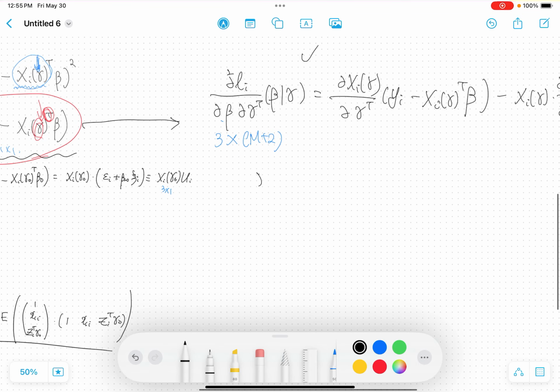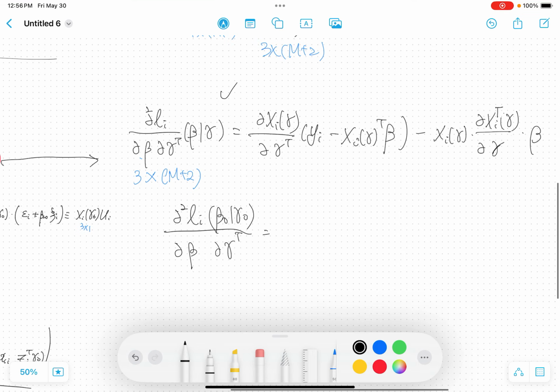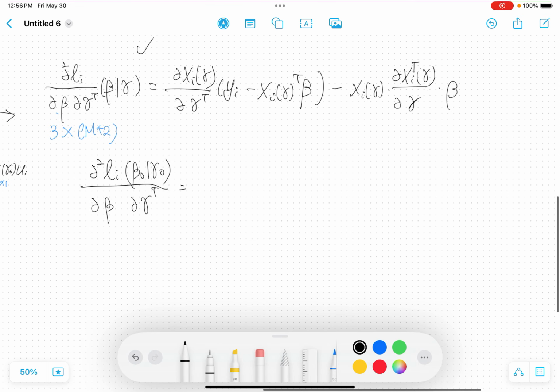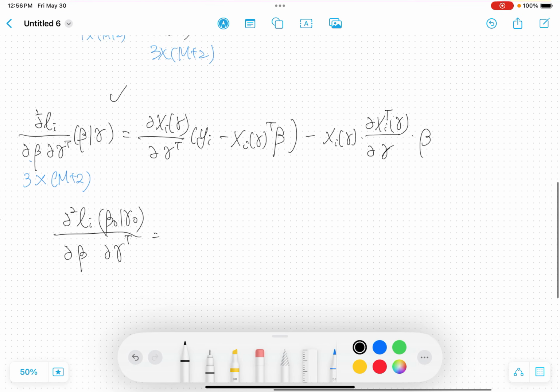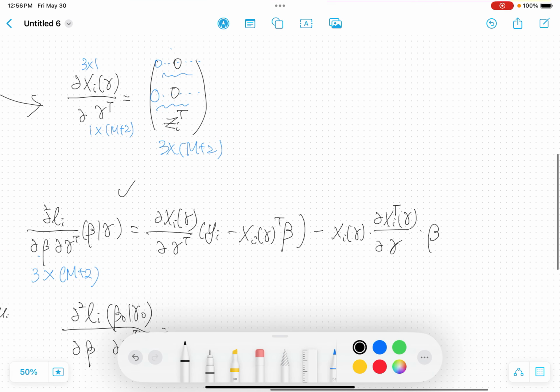Then next, I will plug in beta 0 and gamma 0 into the cross derivative. Then you will get, let me denote this as, say, AI, because it does not depend on gamma.